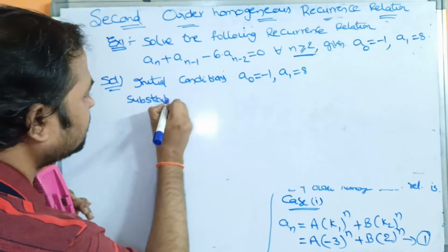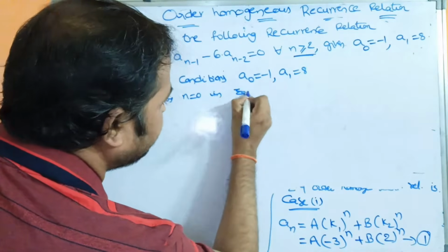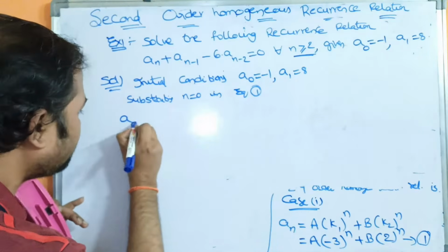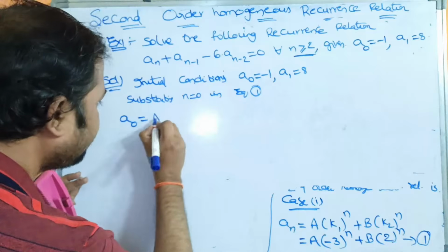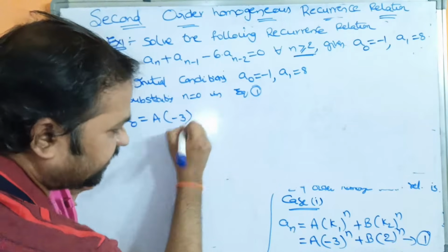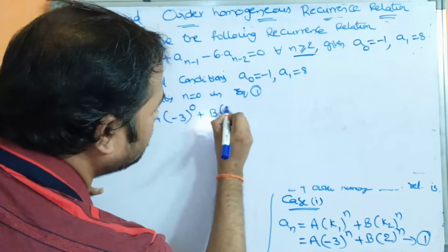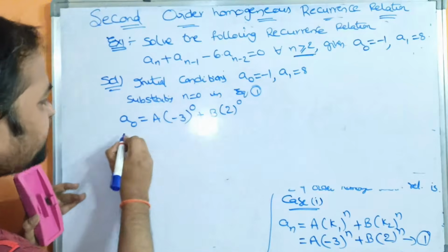Substituting n is equal to 0 in equation 1. So this is equation 1. So we can get an is equal to, in place of n we have to substitute 0. A0 is equal to a into minus 3 power, what is n value? 0, plus b into 2 power, what is n value? 0. Already a0 is given as minus 1.